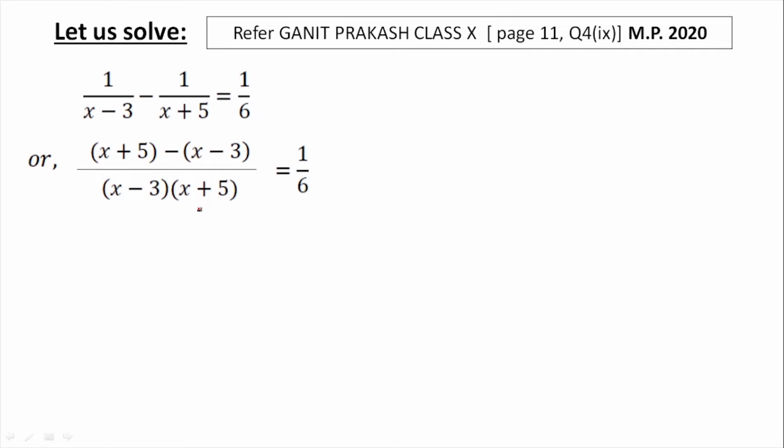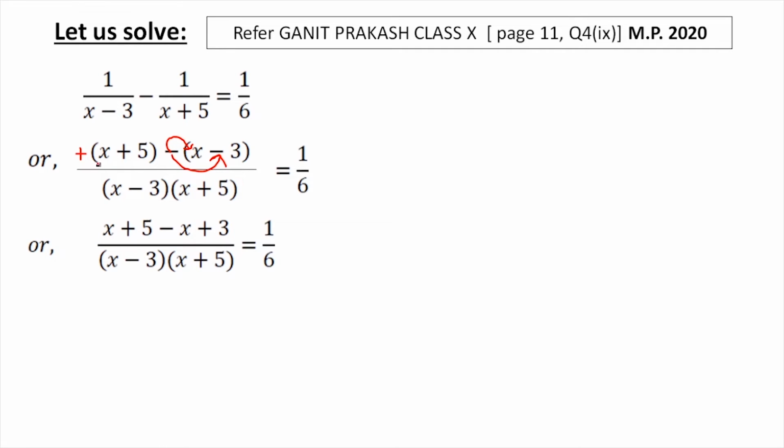Now we'll open the bracket. Whenever you open a bracket, again I'm saying, you need to multiply with the sign that is in front of the bracket. There's no sign, that means it is plus. Plus into plus is plus, so there will be x plus 5. And here it is minus and it is plus, so minus into plus is minus, and minus into minus will give us plus.